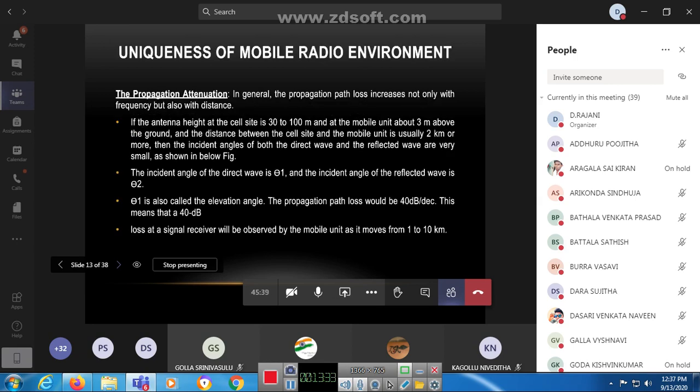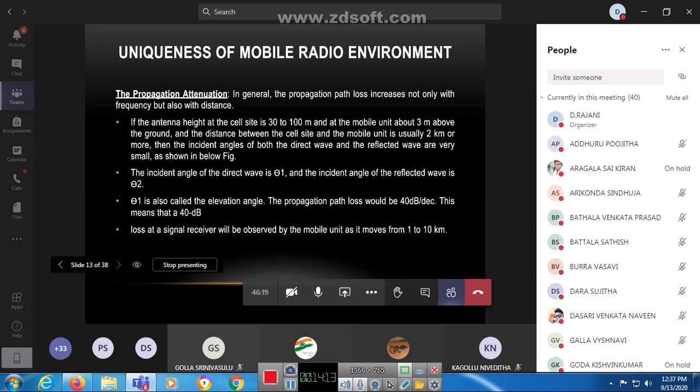Another topic is the uniqueness of the mobile radio environment. So what is the uniqueness of the mobile radio environment? Basically we know radio signals, so first we can consider the antennas. You will remember in AWP, antenna wave propagation, we discussed different types of antennas, the transmitter antenna and receiver antenna.